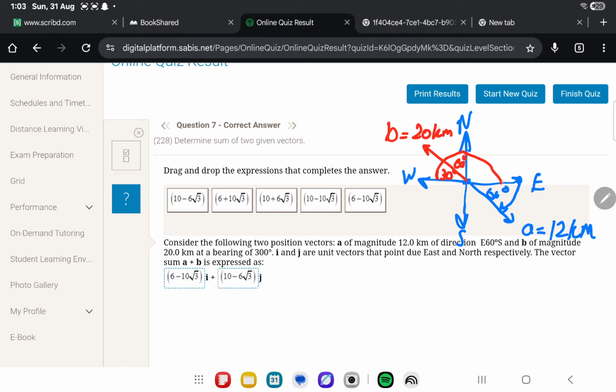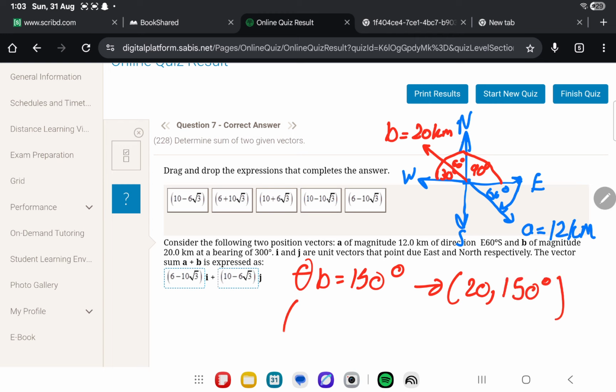So 90 plus 60 will give me the angle of B, theta B, equal to 150 degrees. Writing this in polar coordinates, it's going to be (20, 150 degrees). Now, theta A, how would we find this? Let me erase all of this now.